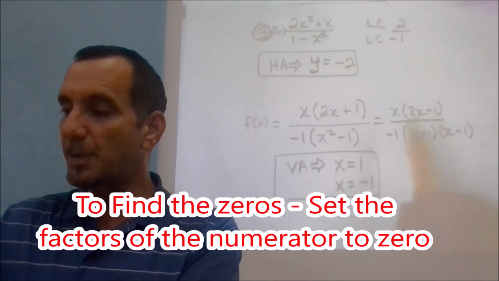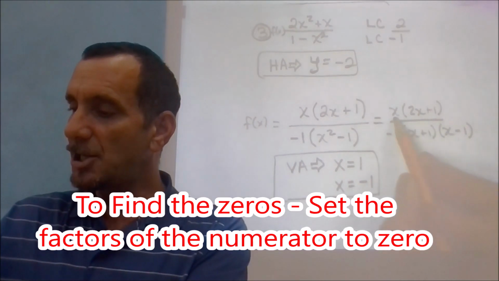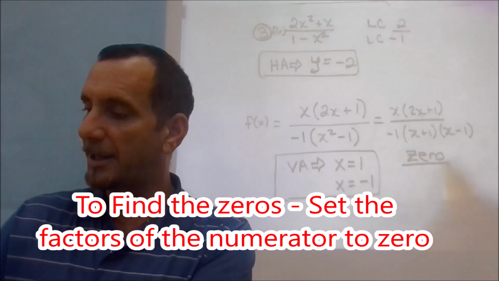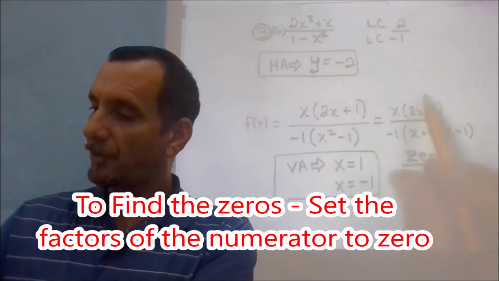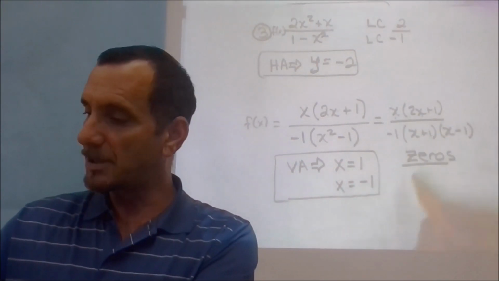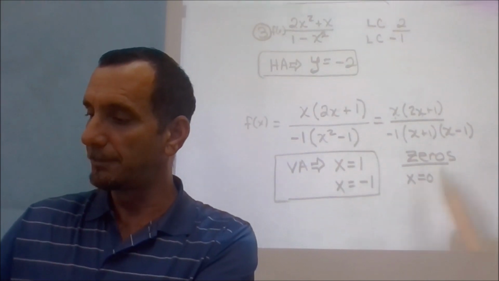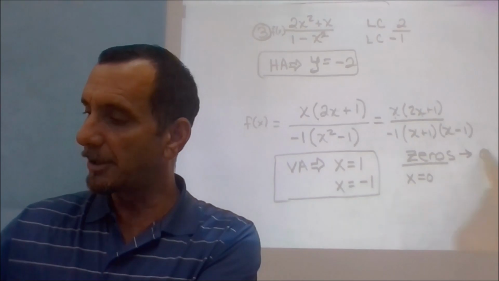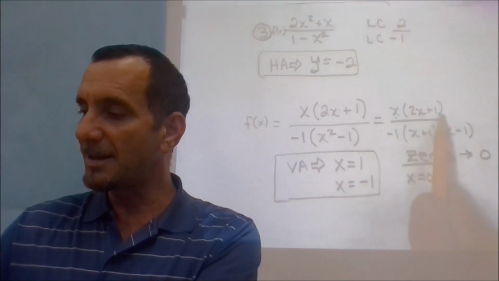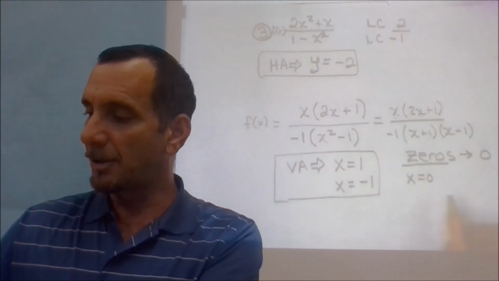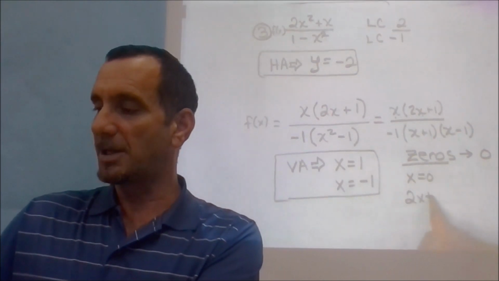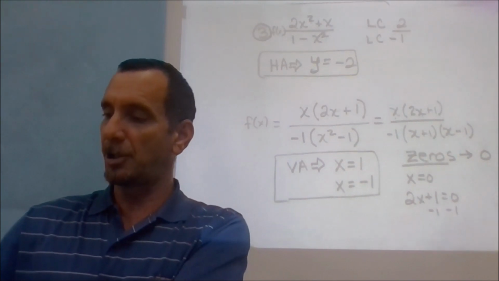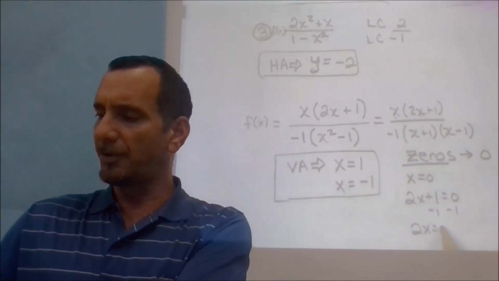And then we'll do the zeros. We have to set each factor to 0 in the numerator. I'm going to do the first factor, which is x equals 0. So one of my zeros is 0. And then I'm going to set this factor to 0: 2x plus 1 equals 0. 2x equals negative 1.